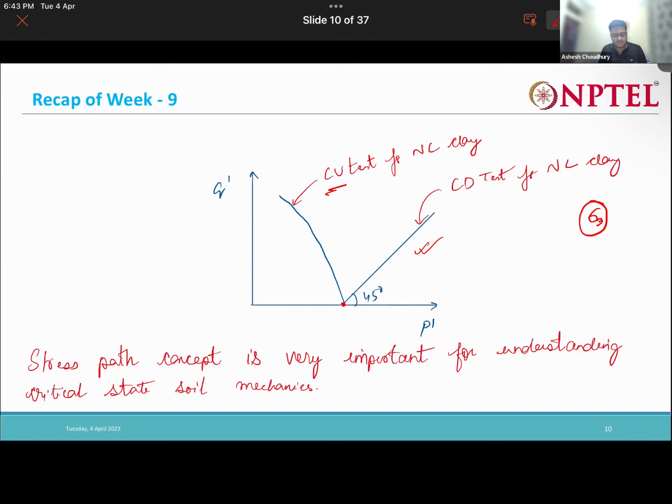That's why we need to understand this stress path, because in critical state soil mechanics it is a very helpful tool to represent the various soil models and understand how the soil behaves. It is generally taught at postgraduate level.